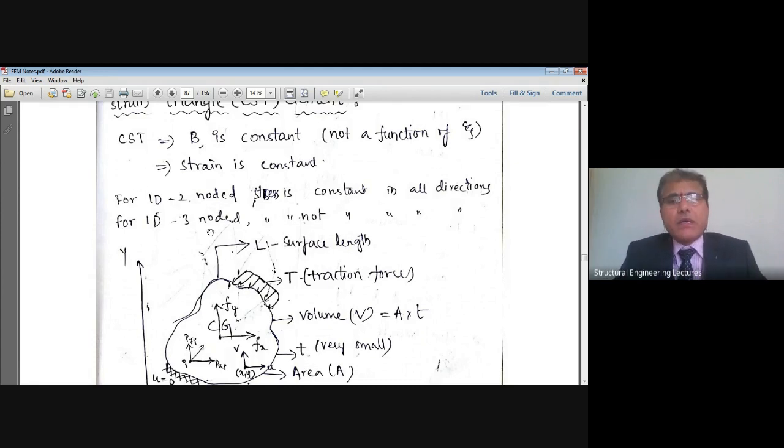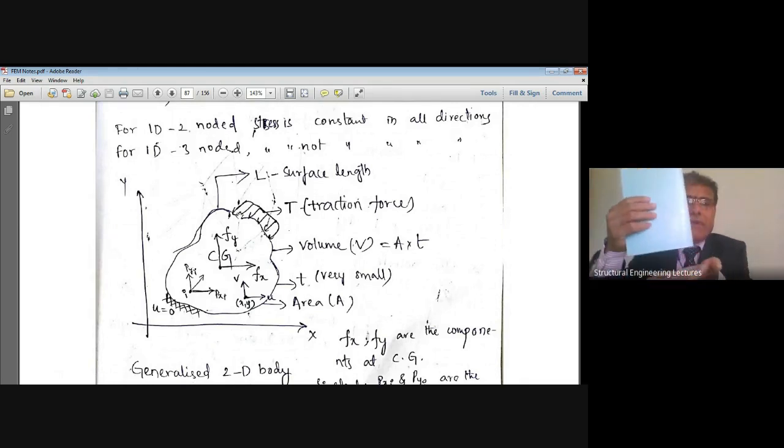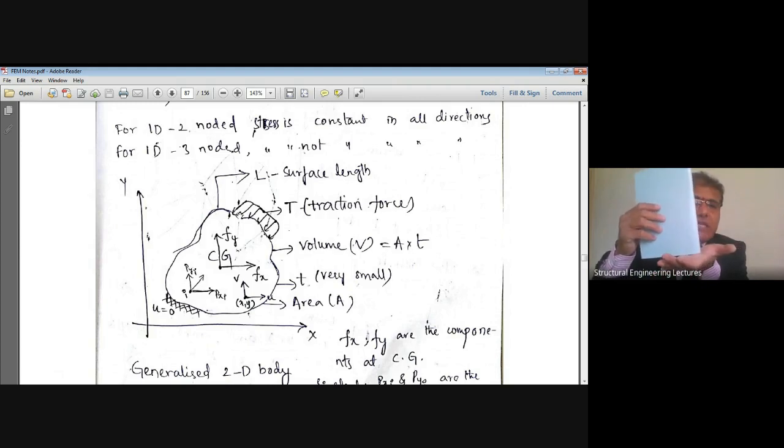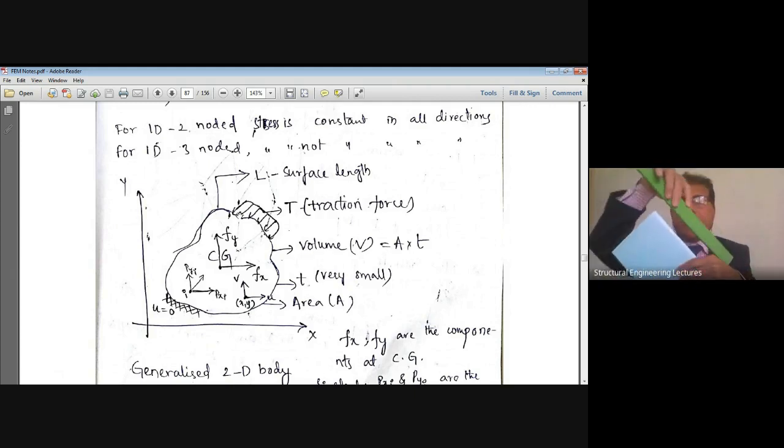Now, let us see a 2D generalized body like this, of any shape, having some boundary conditions. It may be resting on some supports, and it may be subjected to traction forces on some surface, right?